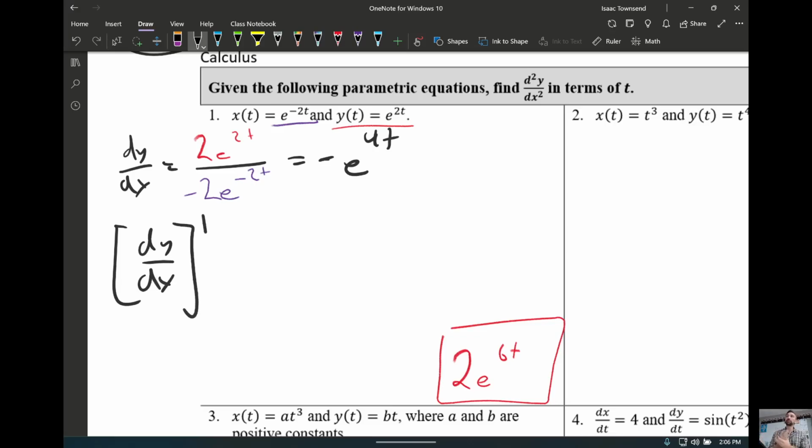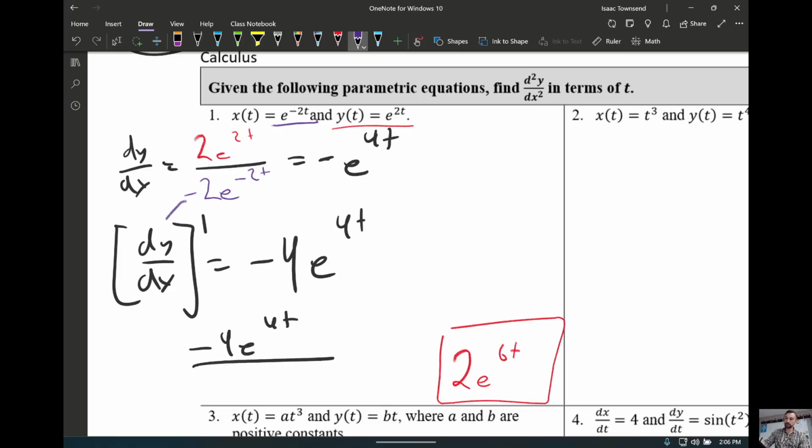Okay, so for the second derivative, I need to take the derivative of this. So the derivative of e to something is e to something, but make sure you remember to think about chain rule, times 4. And then for the second derivative, we need to come back and divide that by x prime again.